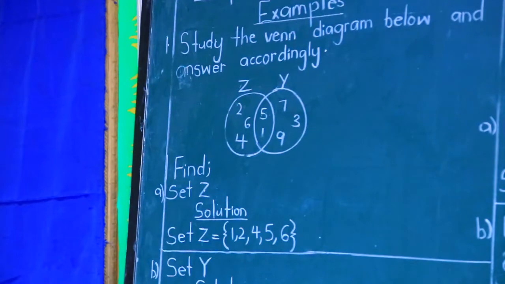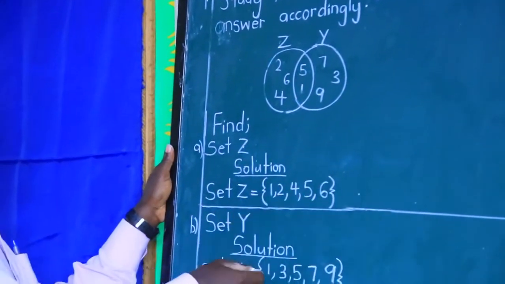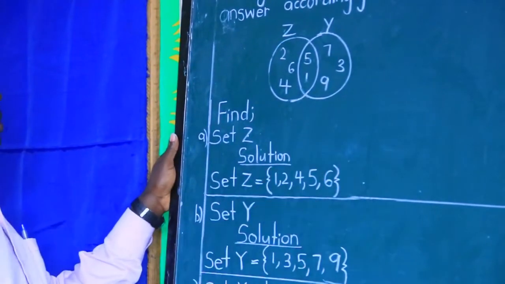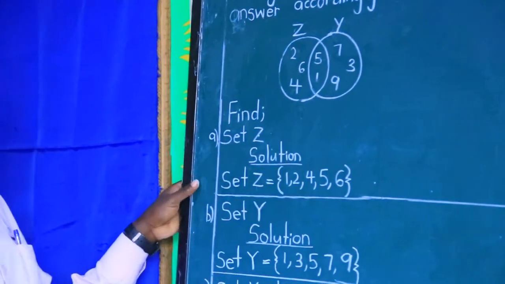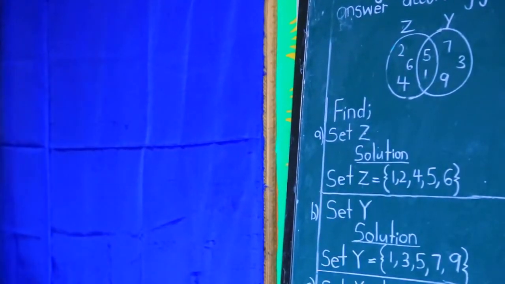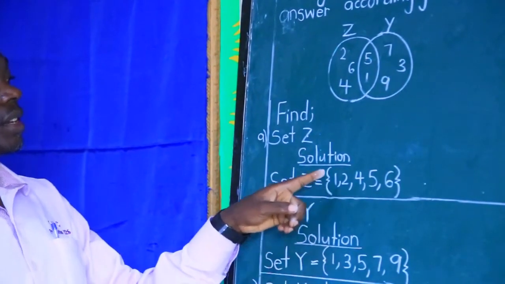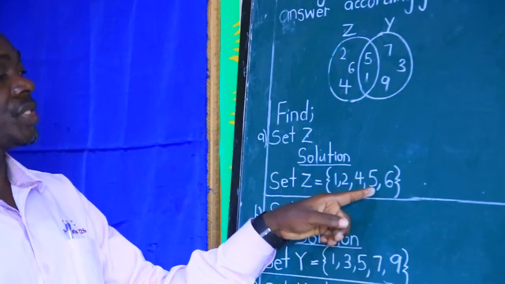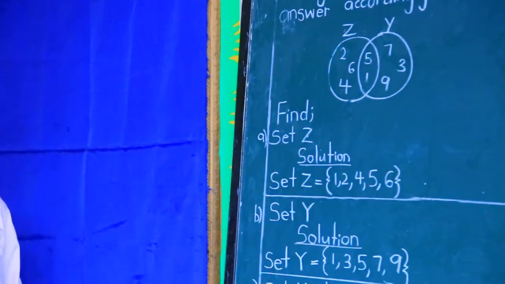Remember, in the first lesson, we said all members in the set must be enclosed in curly brackets, and here they are. You open and close. Don't use other kinds of brackets, that's ordinary brackets, but curly brackets. And they are used only for sets. So you say set Z equals, open the curly brackets and write 1, 2, 4, 5, 6, and then close the curly brackets.